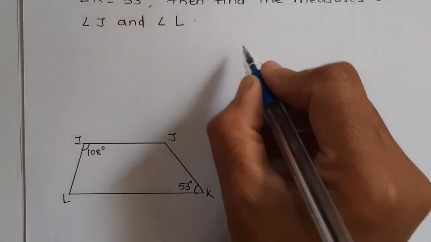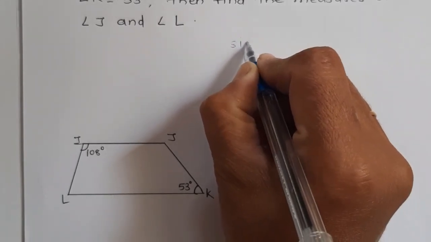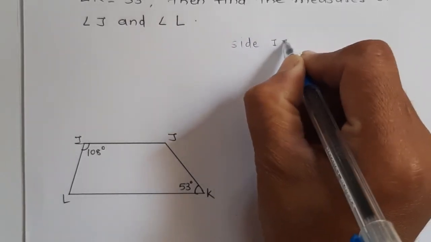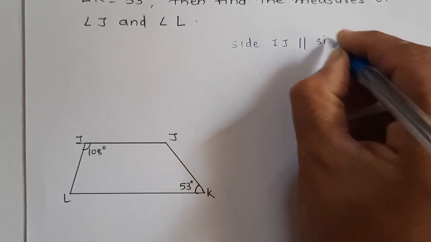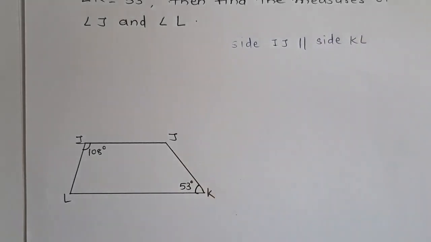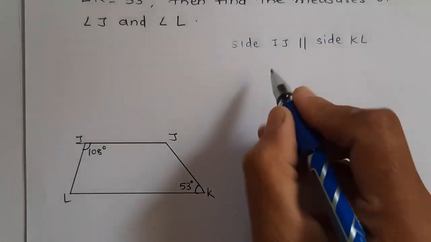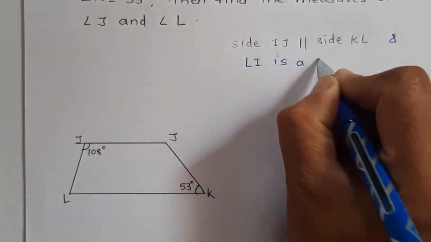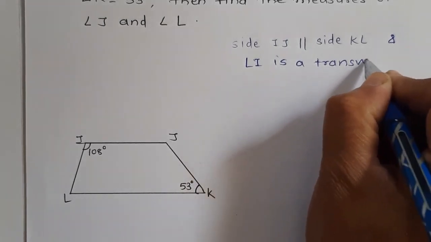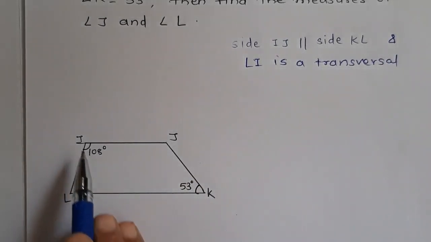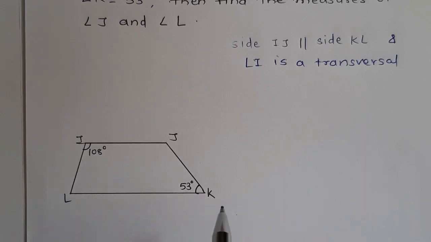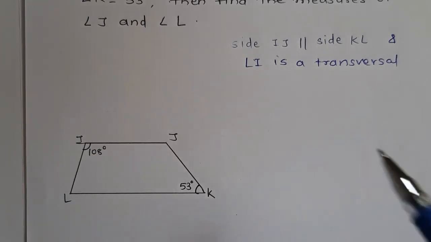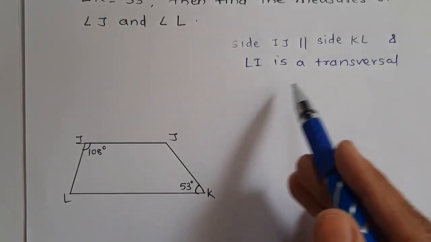Now here it is already given that side IJ is parallel to side KL, and LI is a transversal.